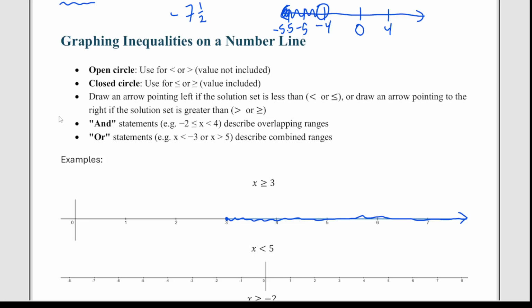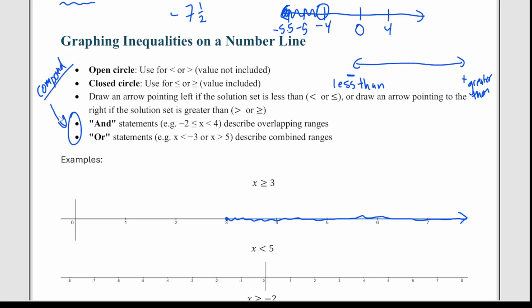You then will draw an arrow either pointing to the left to indicate more negative, so this is the less than direction, or to the right to indicate more positive, which is the greater than direction. And then we do also have compound inequalities.